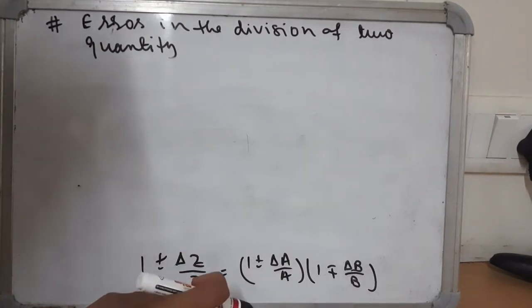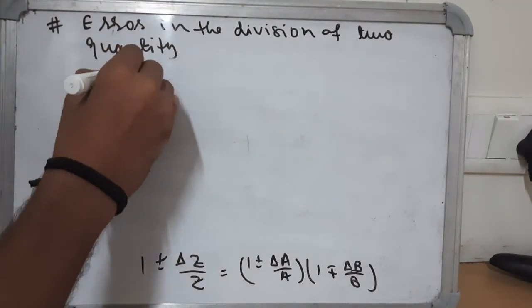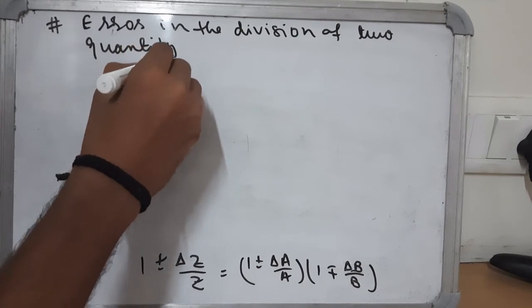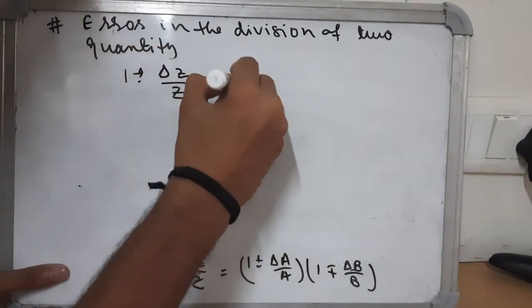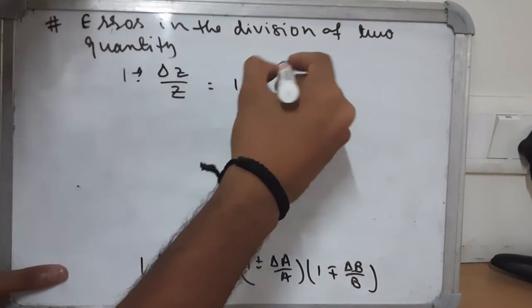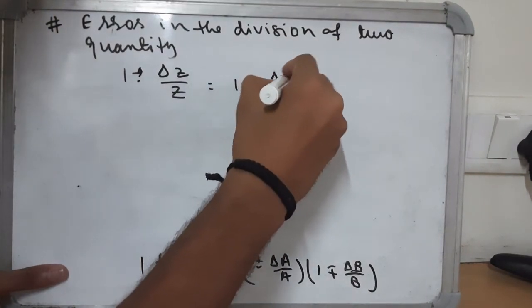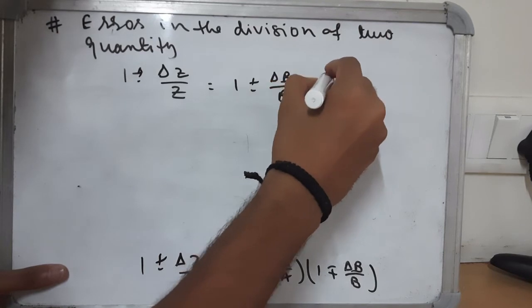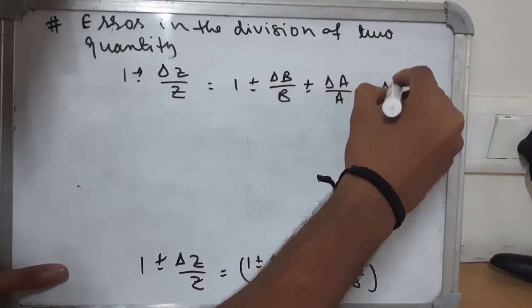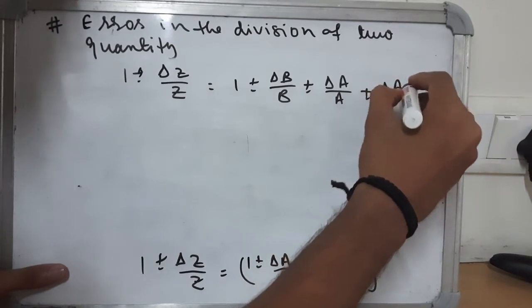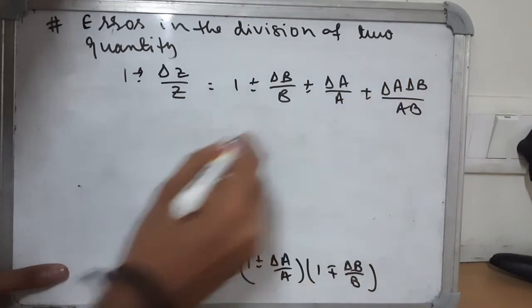Further, when we solve this expression, we will get 1 plus minus delta Z over Z equals 1 plus minus delta B over B plus minus delta A over A plus minus delta A delta B over AB.